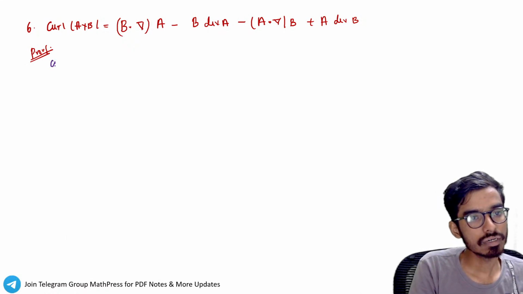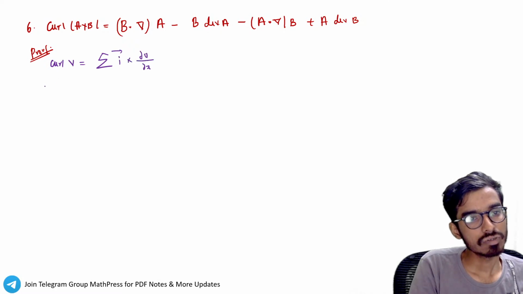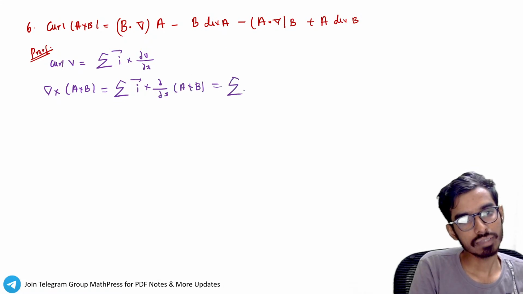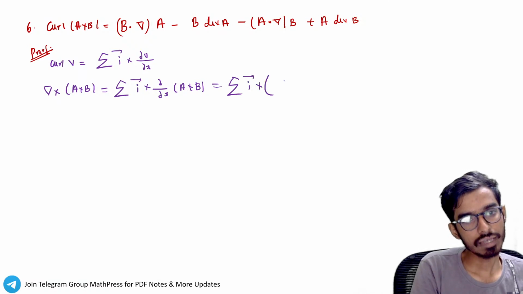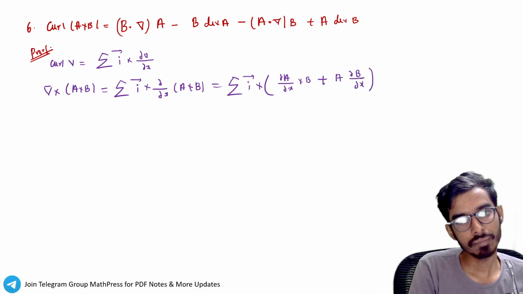Okay, so what is curl of the summation of i cross dou v by dou x? That means what about curl of A cross B? This is summation i cross dou by dou x of A cross B. This is summation i cross dou A by dou x cross B plus A cross dou B by dou x.